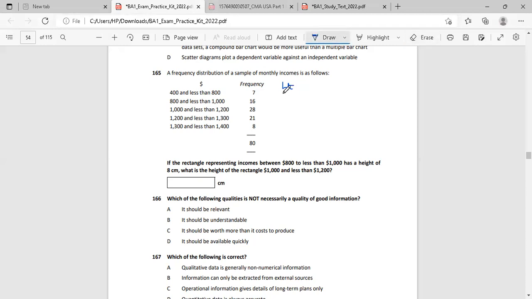For 800 to 1000, it is 8. In the second part, for 1000 and 1200, it is 8 into 28 divided by 16. So the first one, there is no information provided, we do not know that information.